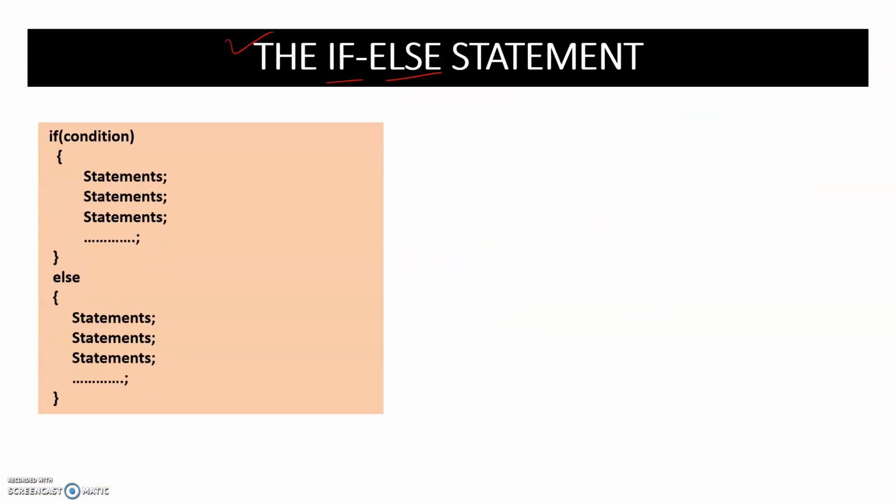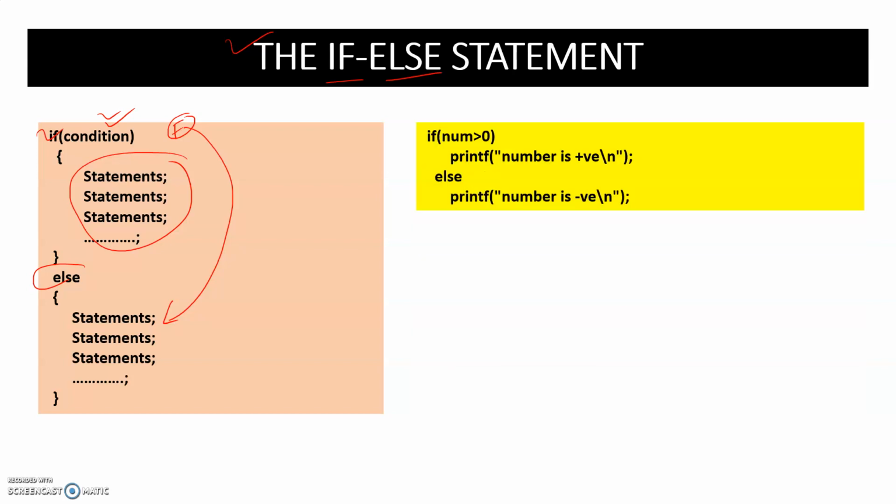The syntax for the if else statement is given here. If this condition is true, then these statements will get executed. Otherwise, that is if this condition is not true, that is false, then control will move to the else part and that part of the program will get executed. I have given one example here.